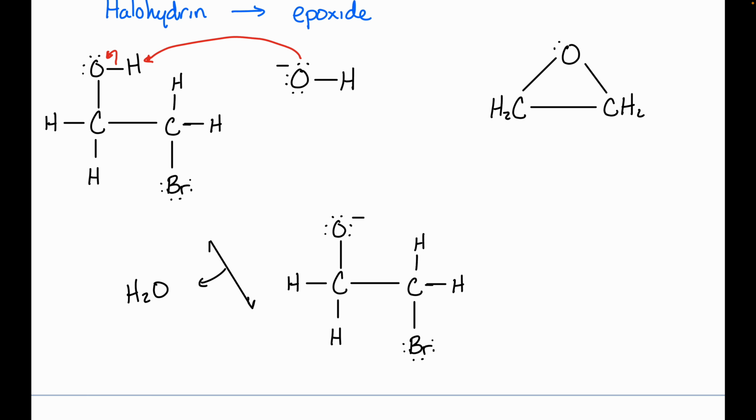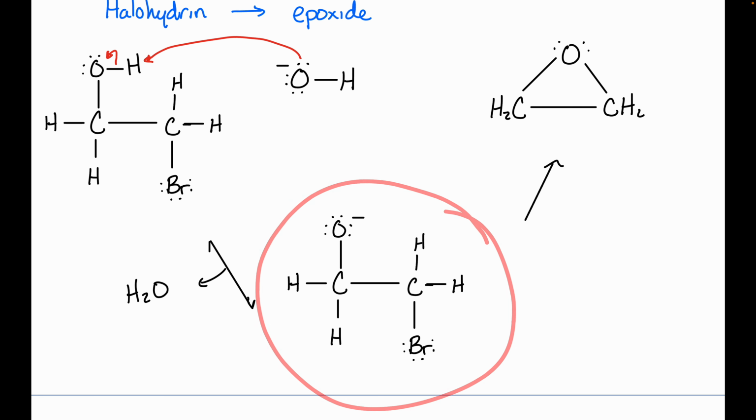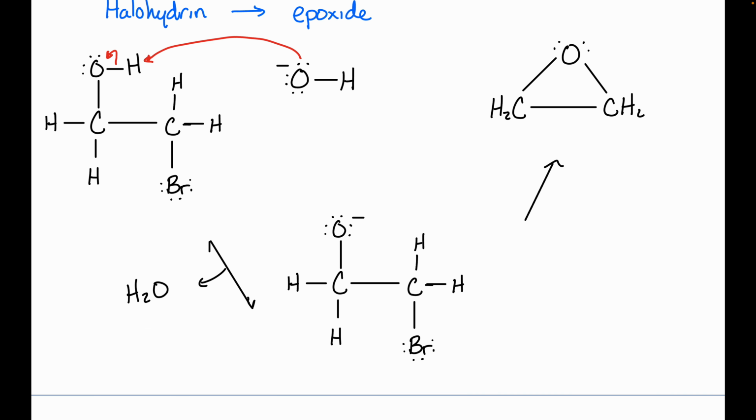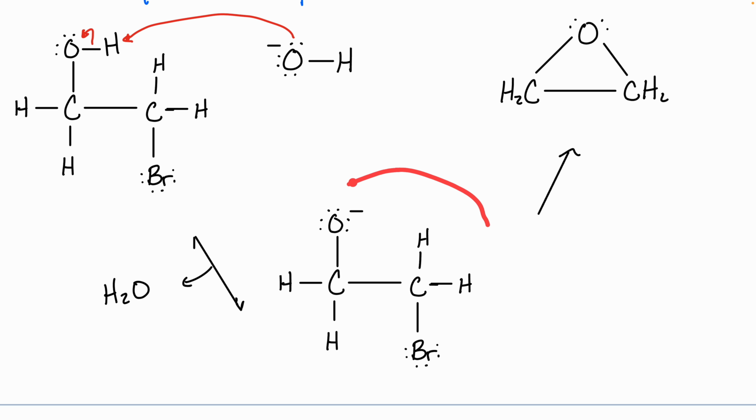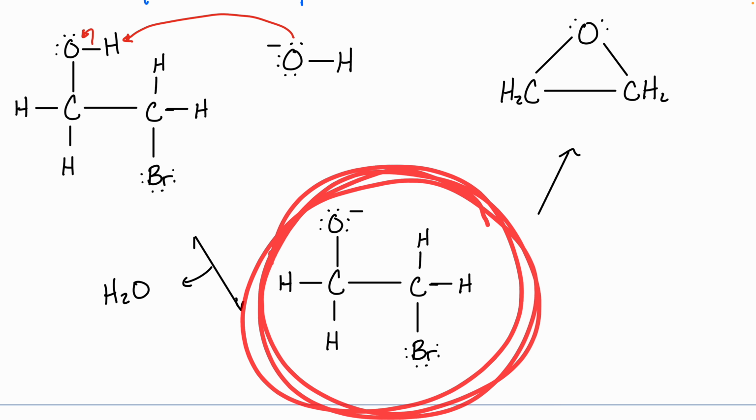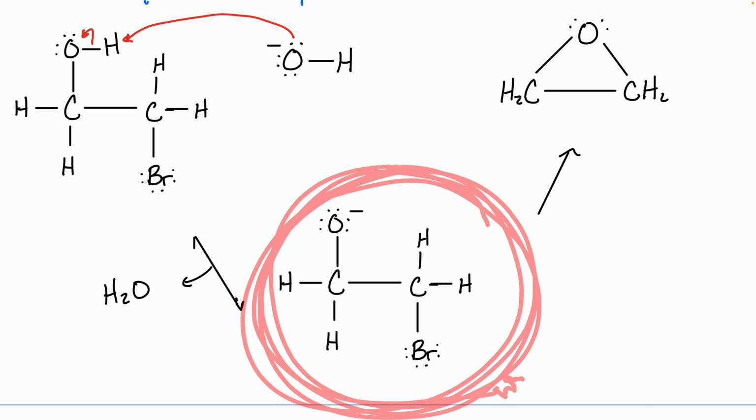All right, so always helpful to keep in mind what our product is, this epoxide. I want you all to try to figure out what's going on in this next step. And let me just give you a little hint here. Within this molecule, we have both a nucleophilic site and an electrophilic site and a leaving group, all in the same molecule.